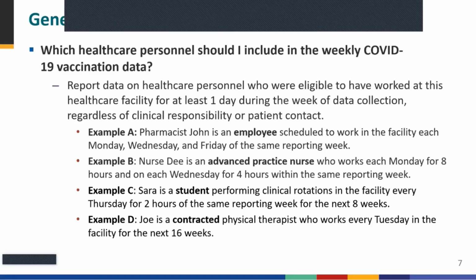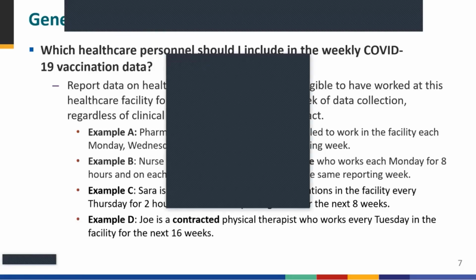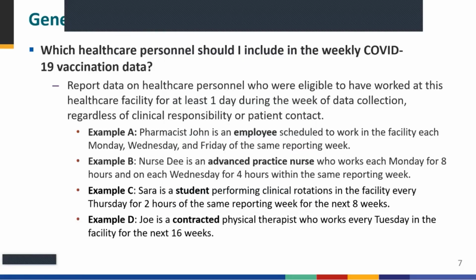In terms of counting healthcare personnel, facilities should report COVID-19 vaccination data on personnel who are eligible to have worked at the facility for at least 1 day during the week of data collection. This is regardless of clinical responsibility or patient contact. We've included a few examples to illustrate this.